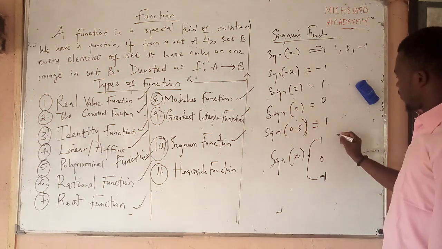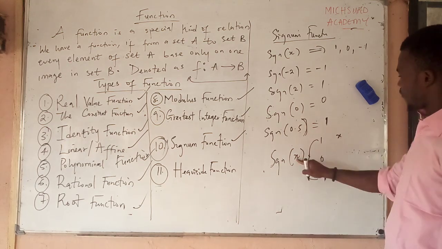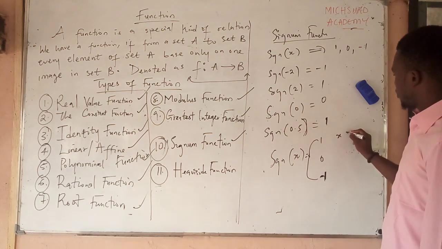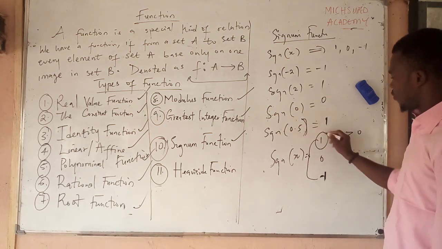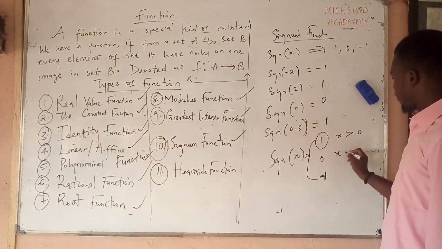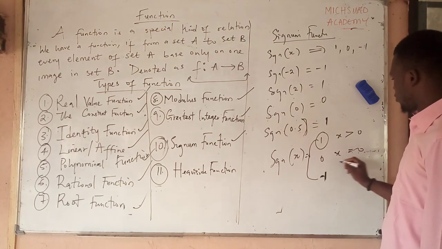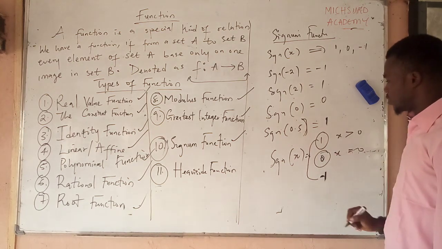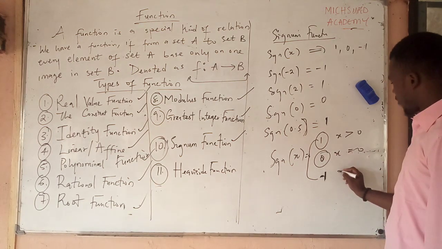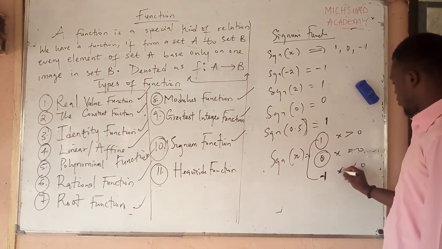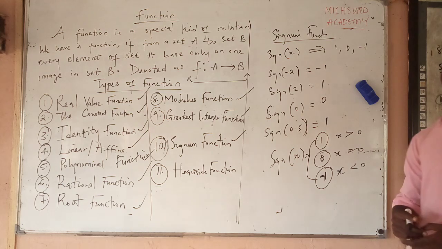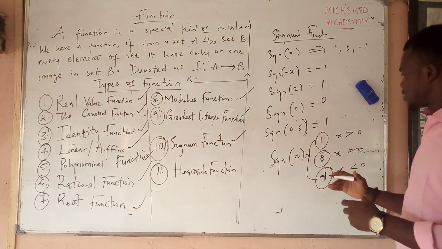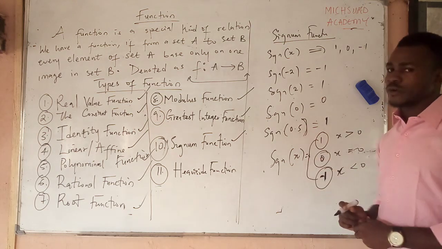So if we have x greater than 0, it will give us an output of 1. Then if we have x equal to 0, it will give us an output of 0. Then if we have x less than 0, it will give us an output of minus 1. So that is for the signum function.